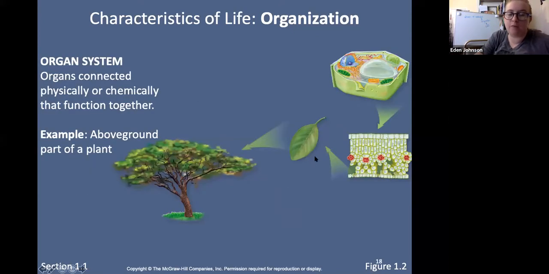Then when you bring together a whole bunch of different organs, you're going to create what's called an organ system, okay? So here you have a bunch of leaves, the entire above ground part of the plant. So not just the leaves, but you also have the trunk, you've got all the branches, all of these leaves. You have organs physically connected or chemically connected that function together. Now, that's important because sometimes you don't have organs physically interacting with each other, okay?